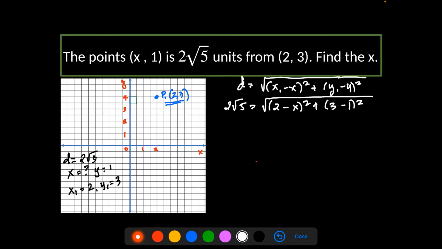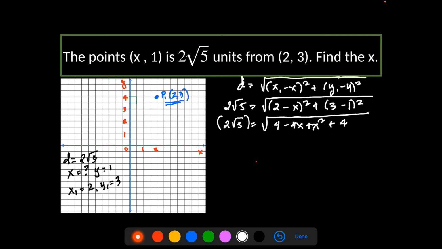Alright, so simplifying, we have 2 square root of 5 equals the square root of 4 minus 4x plus x squared plus 3 minus 1 is 2, squared is 4.